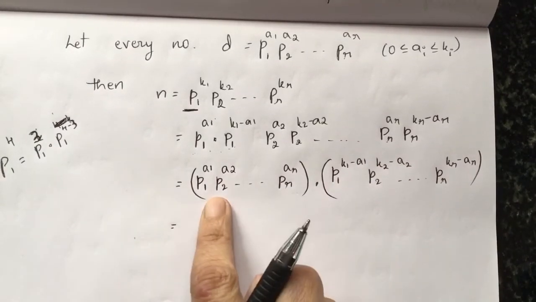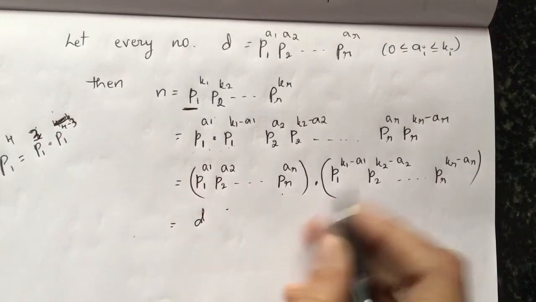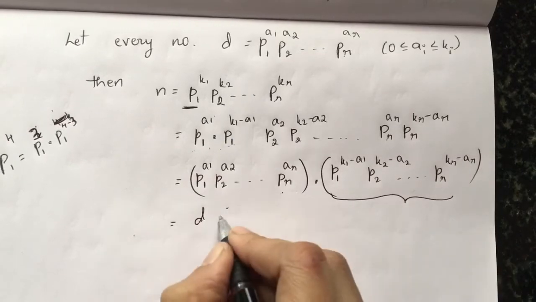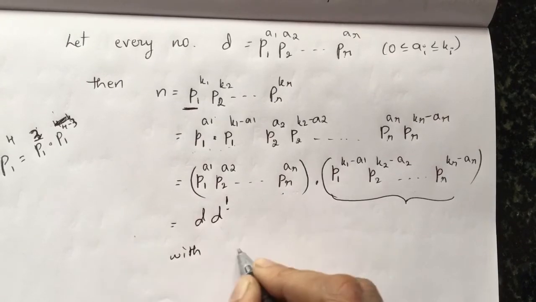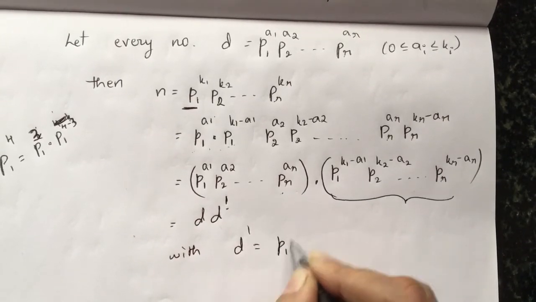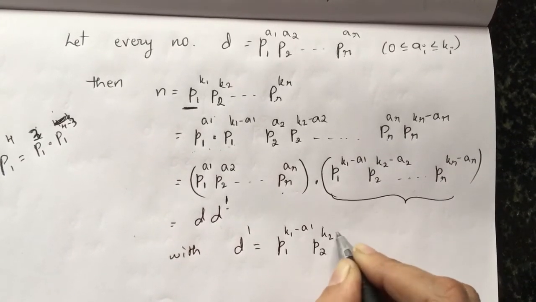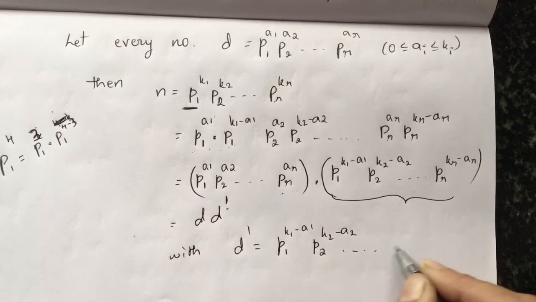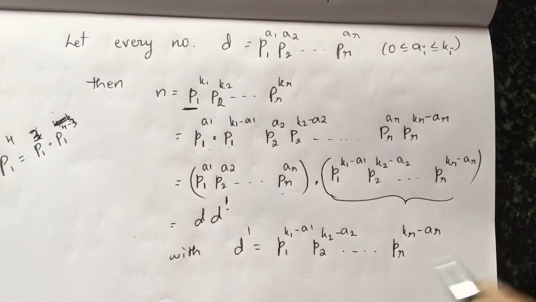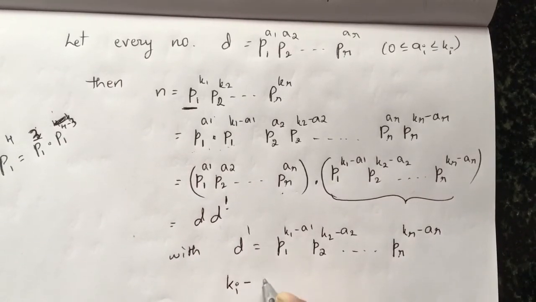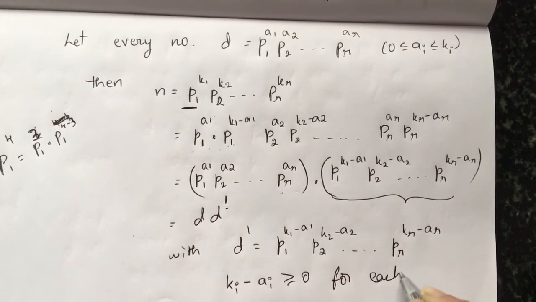So what is this actually? p1 power a1 and so on is nothing but d, and let me call the remaining part d dash, or d prime, with d prime equal to p1 power k1 minus a1, p2 power k2 minus a2, up to pr power kr minus ar, with ki minus ai always greater than or equal to 0 for each i.